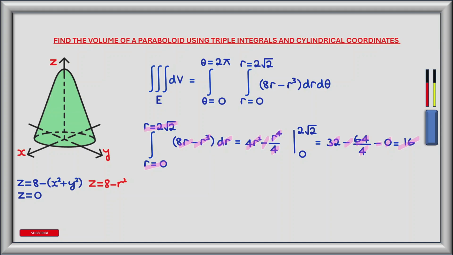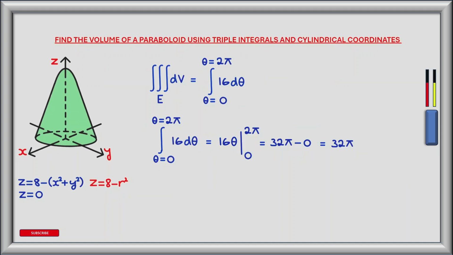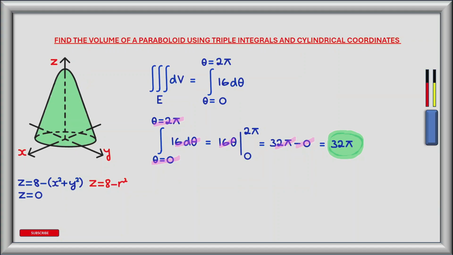And this equates to 16. And for our outer integral, we want to integrate from theta equals 0 to theta equals 2 pi of 16 d theta. Using the power rule, this evaluates to 16 theta. And plugging in the limits of integration, we have 32 pi minus 0. And this equates to 32 pi, which is the volume of our paraboloid.